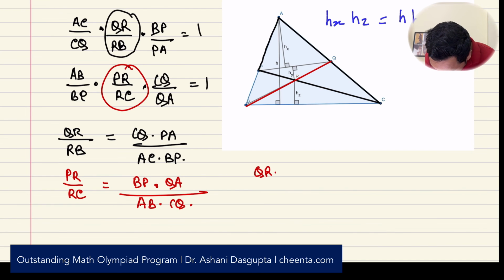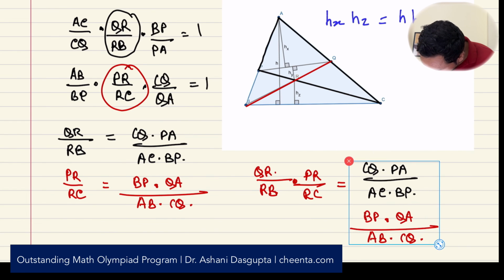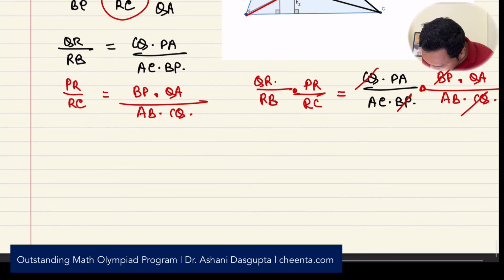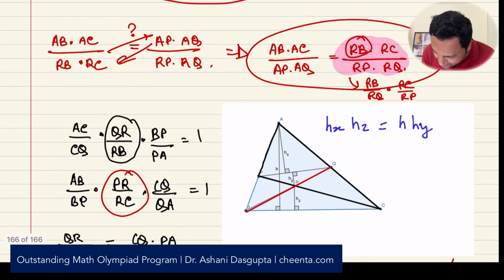QR by RB times PR by RC equals, I'll just multiply these two. Actually, I'll copy the entire thing. Here we go. And then multiply this out. So if I do that, BP cancels off, CQ cancels off, and you see what I have is exactly what I need. PA times QA divided by AC times AB. And if you take the reciprocal, you'll get exactly this thing, right?